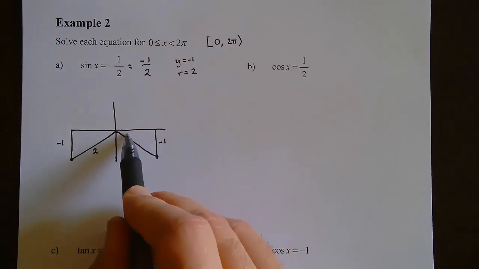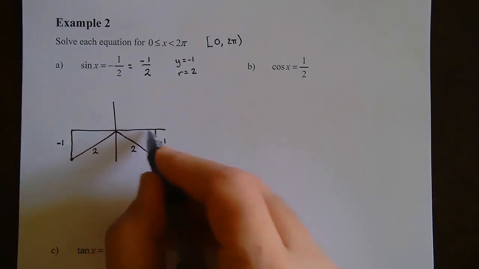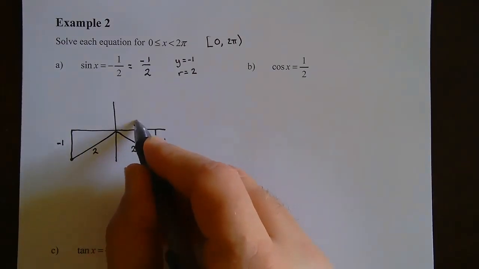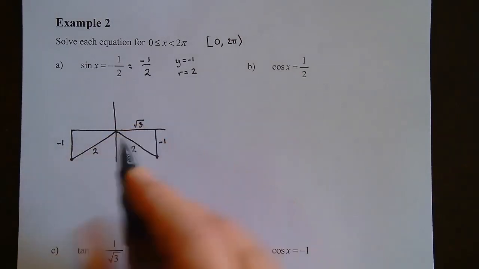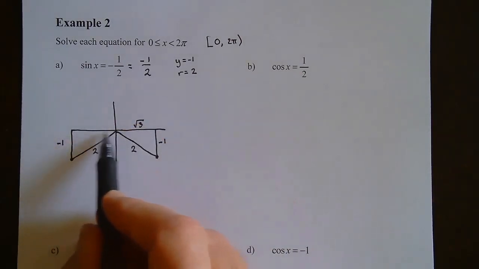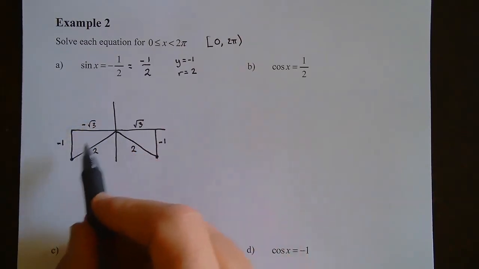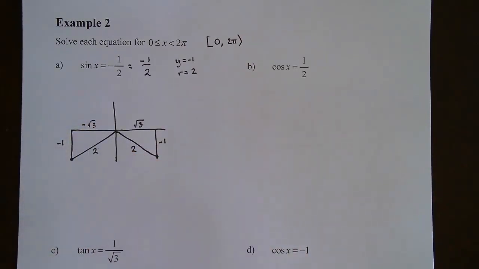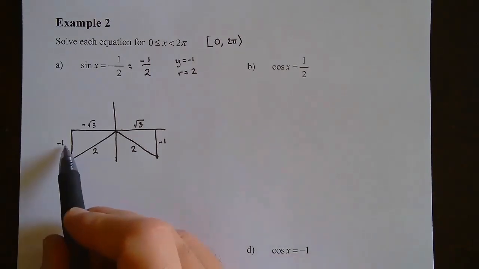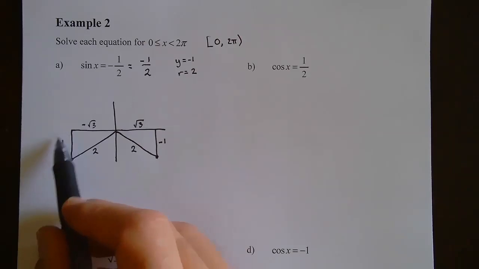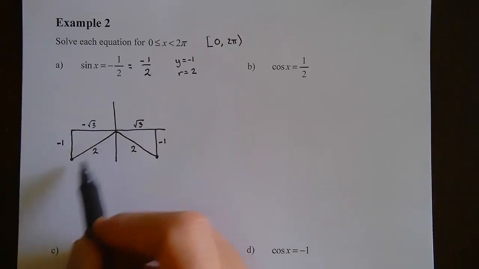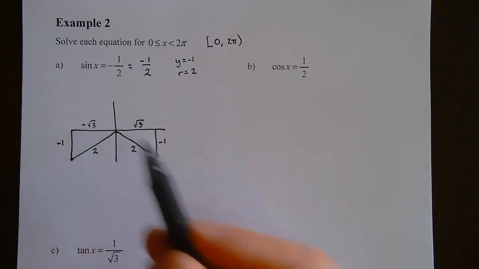That would make this side length positive square root of 3, and this x would have to be negative square root of 3, because it's a 30-60-90 right triangle. If you have a side length of 1 and a hypotenuse or radius of 2, this other leg has to be the square root of 3.